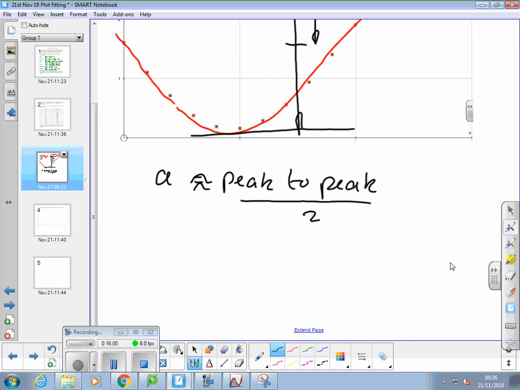So if we take our top data point and our bottom data point, top data point equals, and what is it? What's the highest value we got? 2.9.